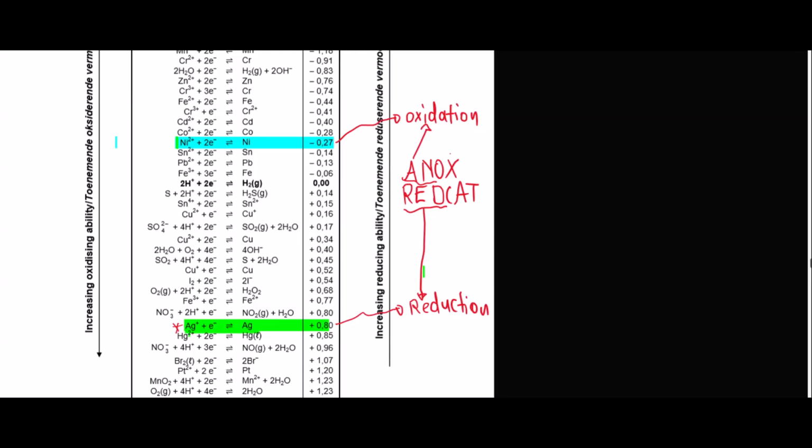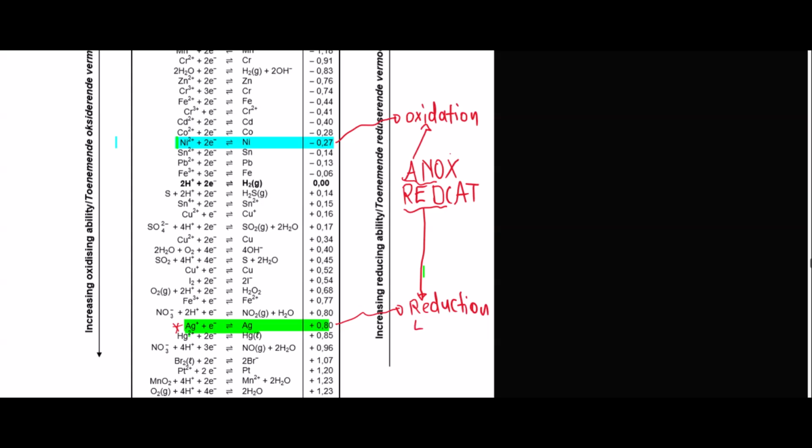In the anode we have oxidation, reduction is in the cathode, right? So between Ag and nickel, the question was asking us which one is associated with the cathode. It's silver, because it's below nickel, right?